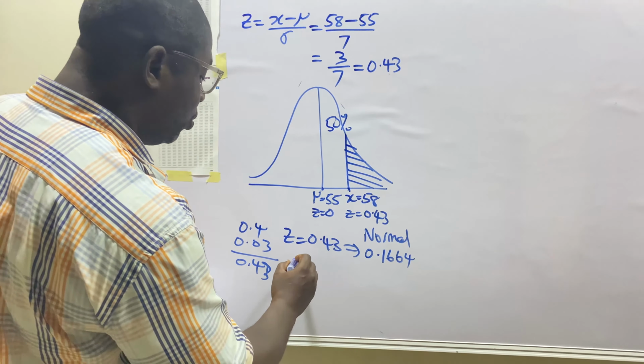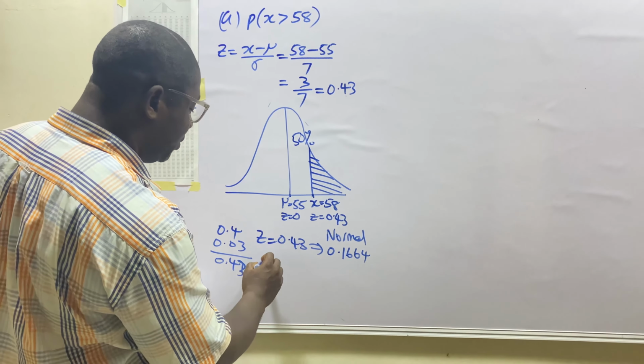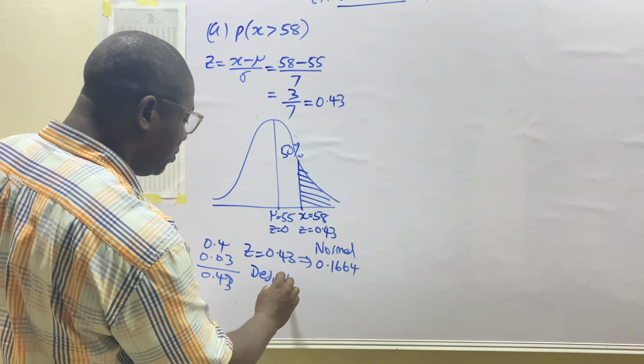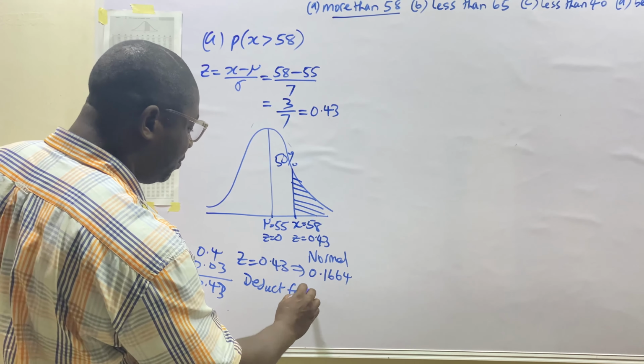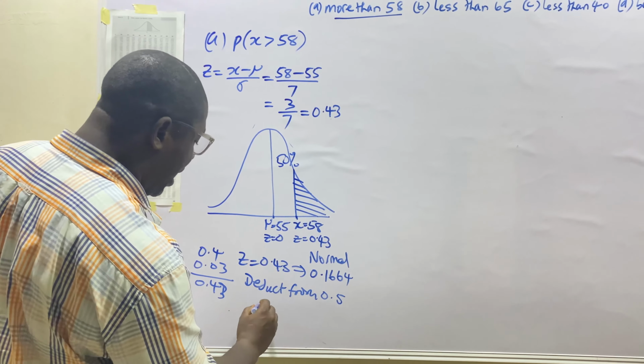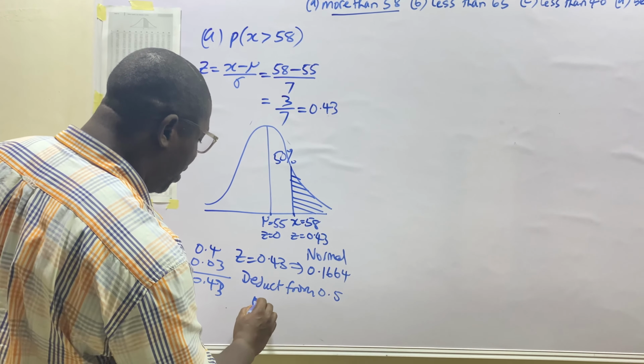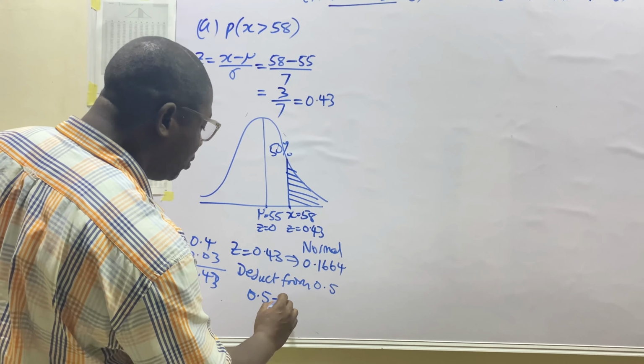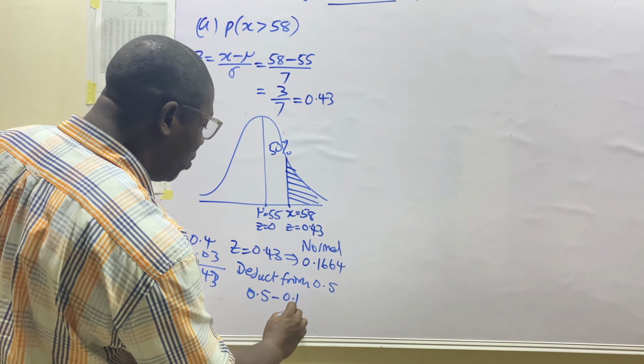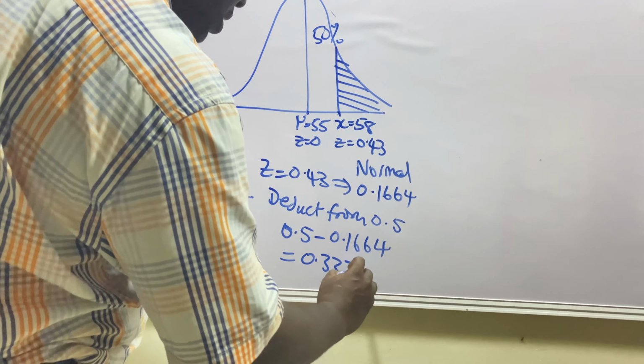So the answer is 0.5 minus 0.1664, and the answer in the end will be 0.3336.